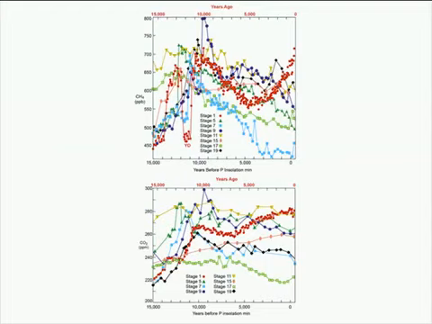And the time scale for the current interglaciation is shown in red at the top of both slides. And the red circles are the measurements of methane and the measurements of CO2 for this interglaciation. The measurements of methane and CO2 for the previous interglaciations, which are referred to by stage numbers shown on the slide, are shown in different colors in both of these slides.